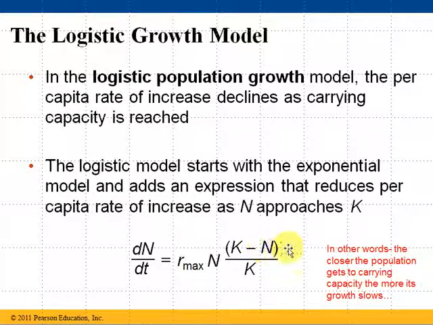And again, I don't want you to think you have to memorize this or know this from memory or just spit it out at will. I just want you to really know the background, the concept behind this. So in other words, the closer the population gets to carrying capacity, the more its growth slows, and the smaller and smaller the difference between the birth rate and the death rate.